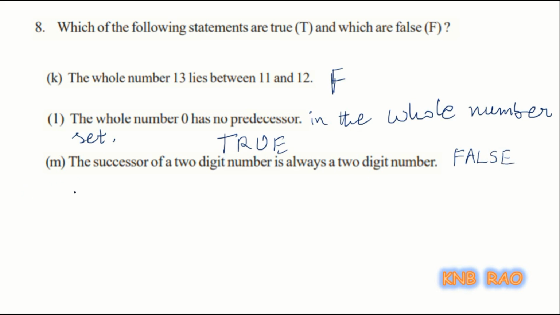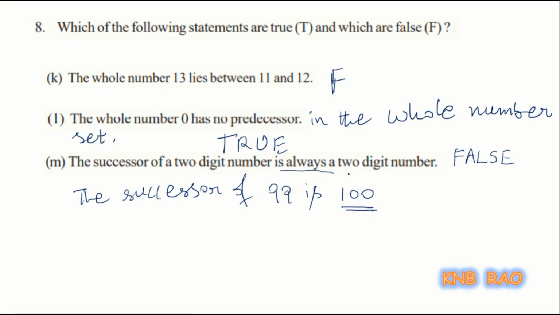Because the successor of 99 is 1 more than 99, which is 100, and it is a 3-digit number, but he says it is always a 2-digit number only. So this is a counter example.